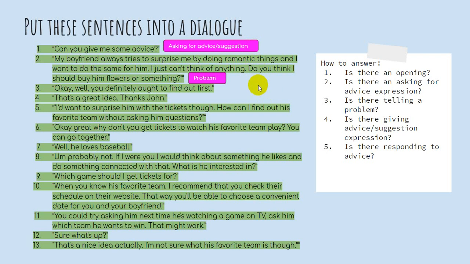So of course, you need to put the problem after asking for advice. And then giving advice or suggestion. Giving advice expressions, it is very impossible to put this sentence in the beginning of the dialogue, because this is about giving, and giving will be put after asking for advice or suggestion.